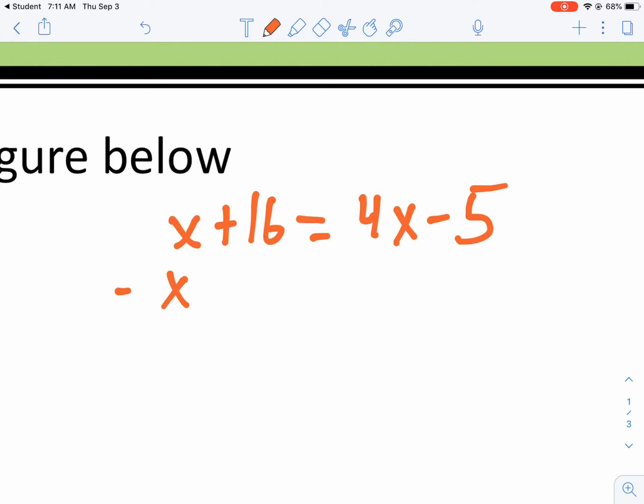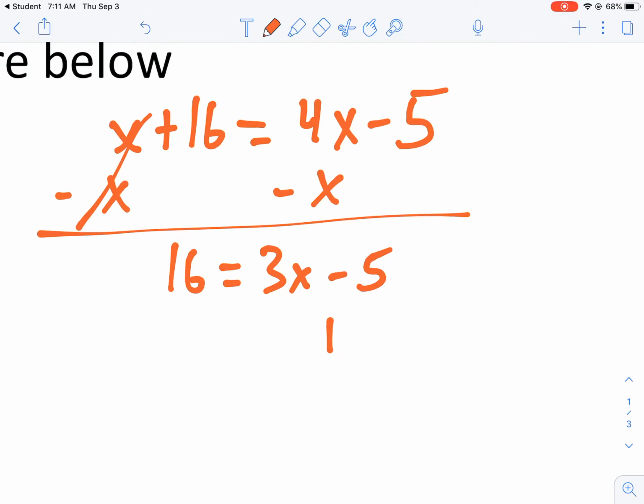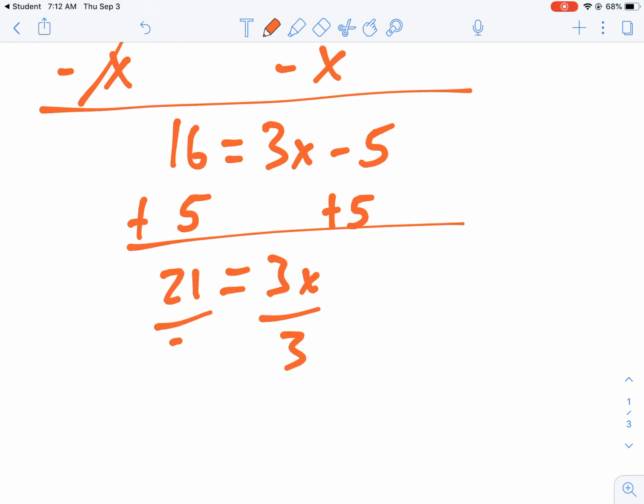We subtract x on both sides. Now we add 5. 21 equals 3x. Now we can divide by 3, and we get 7 equals x.